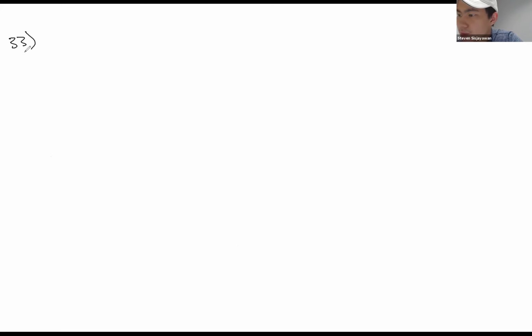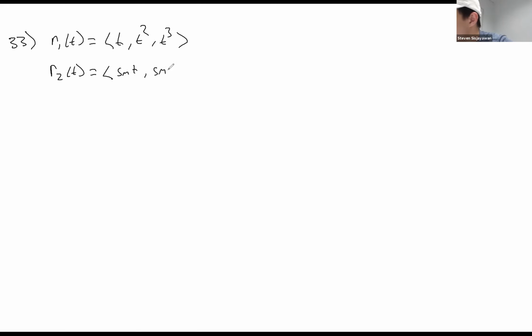For number 33, let me read this. The curves R1 and R2 intersect at the origin. Find their angle of intersection, correct to the nearest degree. We have R1 of t equaling t, t squared, t cubed, and R2 of t equaling sine t, sine of 2t, t.